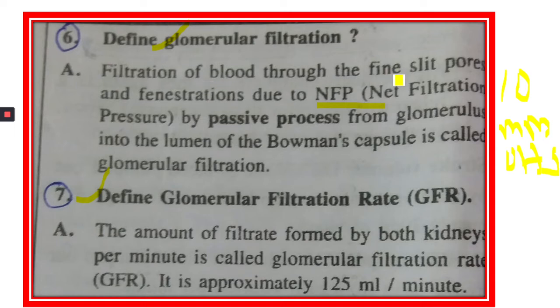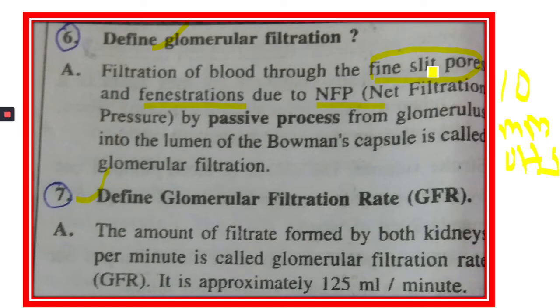Where are slit pores? Slit pores are present between the podocytes. Where are fenestrations? Fenestrations are present in the capillary. I told you there are three types of capillaries: continuous, discontinuous, and fenestrated. Fenestrations are the small pores present in the capillary wall, and fine slit pores are present between the podocytes.